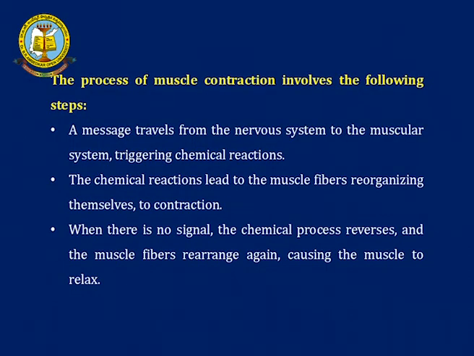The message travels from the nervous system to the muscular system. This triggers chemical reactions, and these reactions help activate or stimulate the muscle fibers. The muscle fibers react to the information received from the nervous system, they get excited, and this excitation leads to movement and results in the contraction of the muscle.